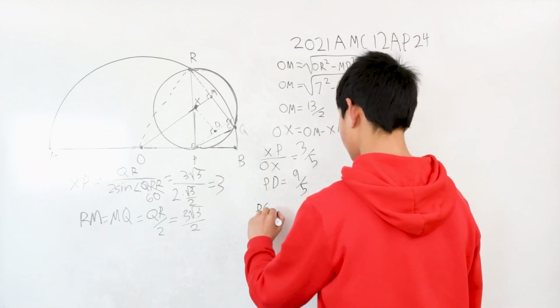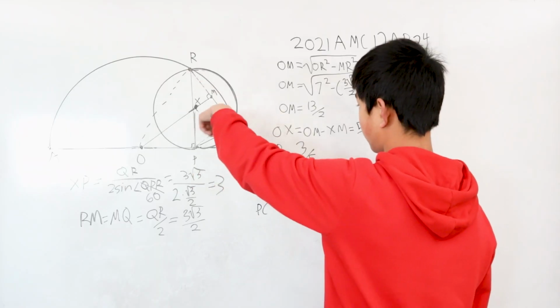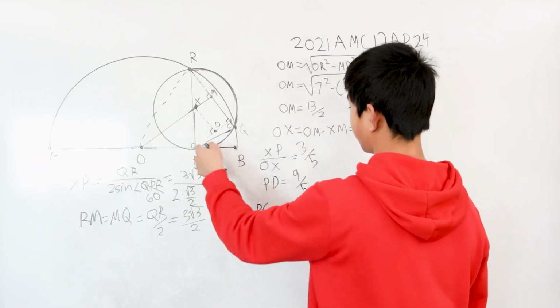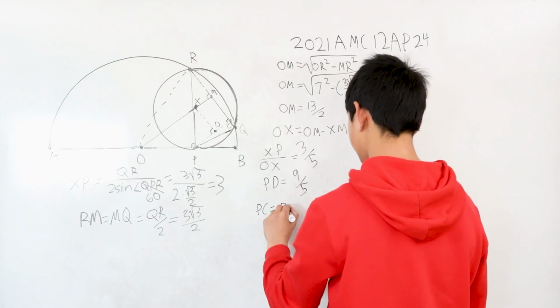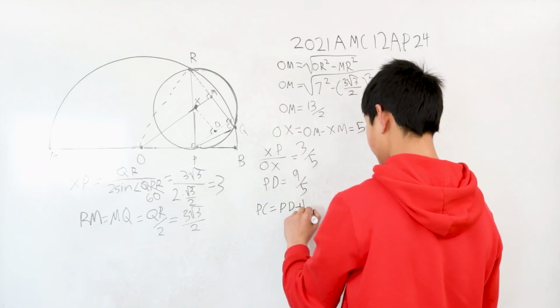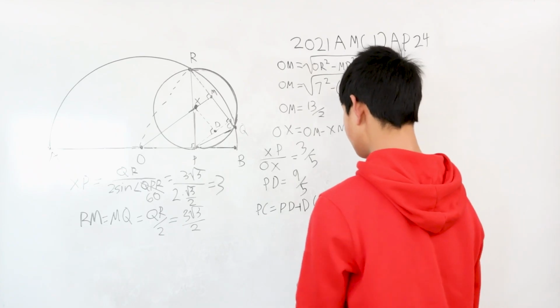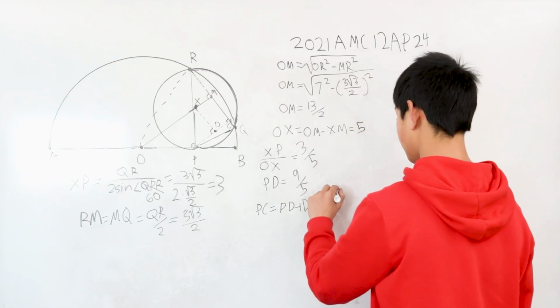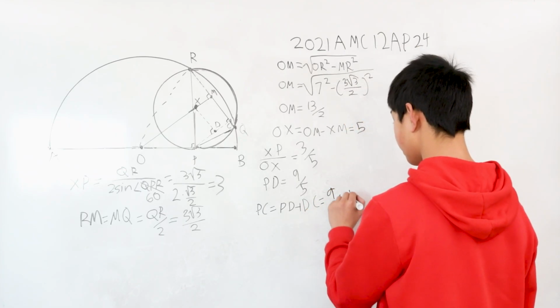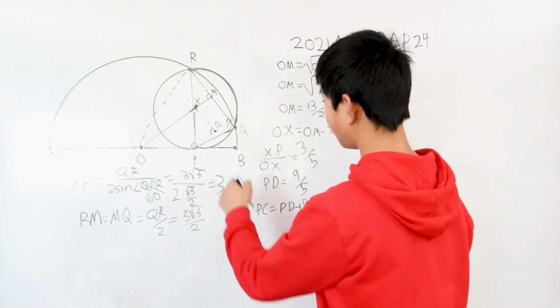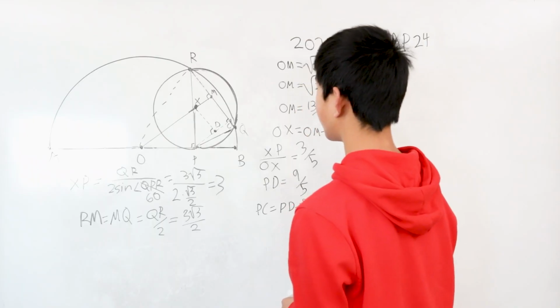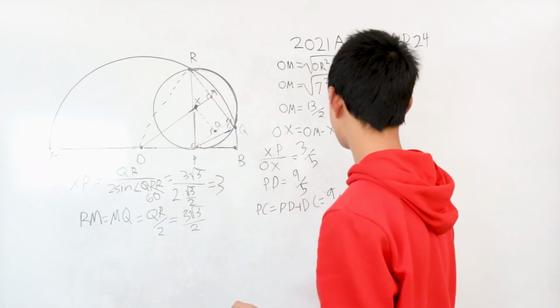PC is the base of this right triangle that we drew from these dotted lines. That's PD plus DC. This is 9/5 plus, well, what is DC? From this, we know that this is equal to segment XM.